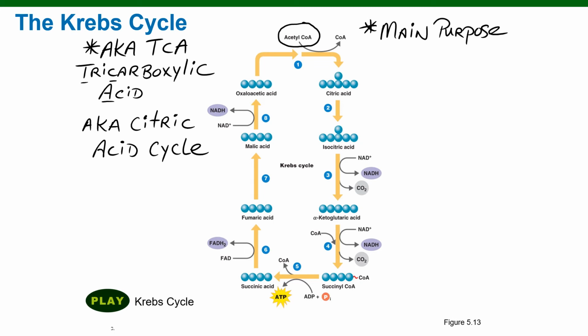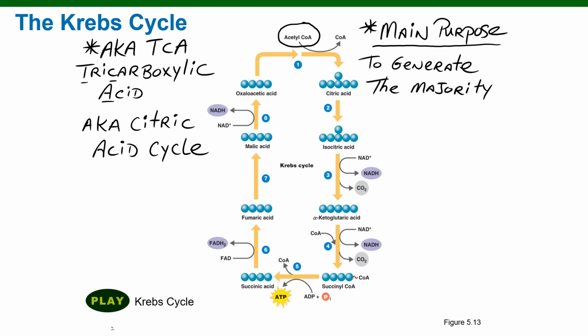So the main purpose of the Krebs cycle is to generate the majority of energy-rich electron carriers.